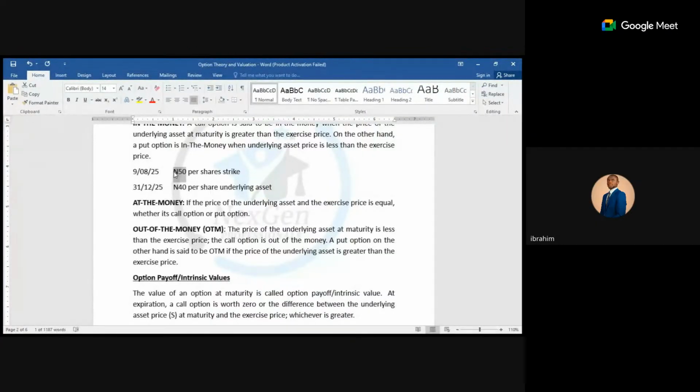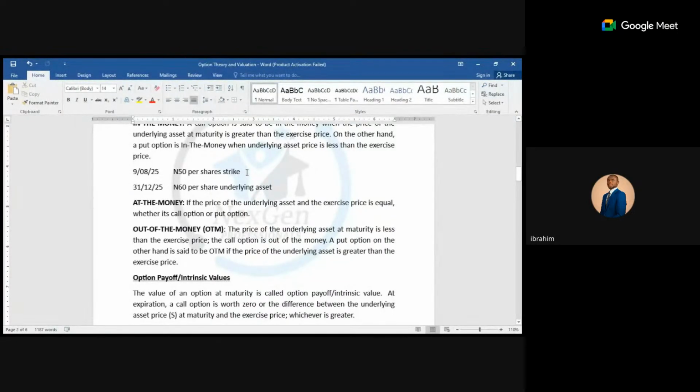So as at the end of December, the share price becomes, let's say, 60 naira, and you've already entered into an option agreement that you will sell it at 50 naira at a future specified date stated in the option agreement, which is 31st December. Now, getting to 31st December, the underlying asset, which is stock, becomes what? 60 naira per share. You are out of the money. Class, you are out of the money.